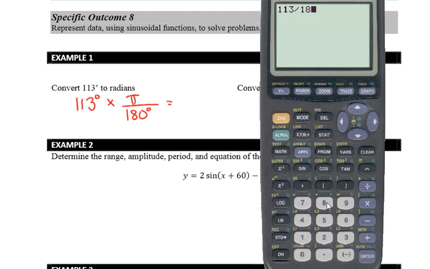I don't think this will reduce, will it? No, it doesn't reduce. If I wanted a decimal, I just type in times pi over 180. And so 1.972.